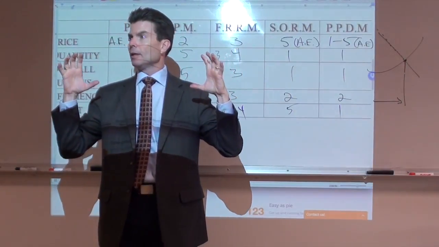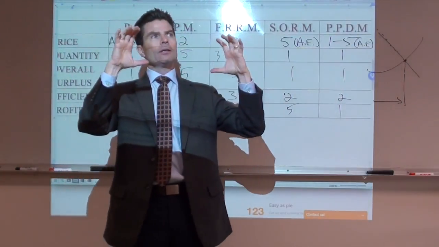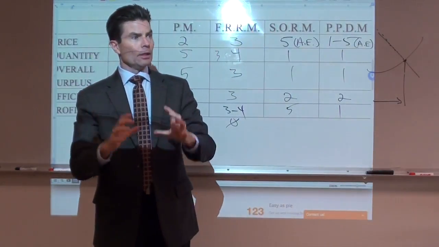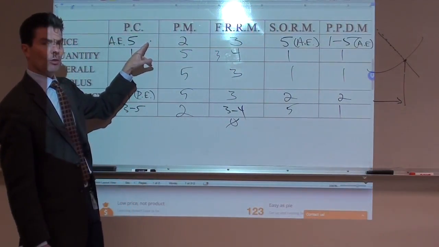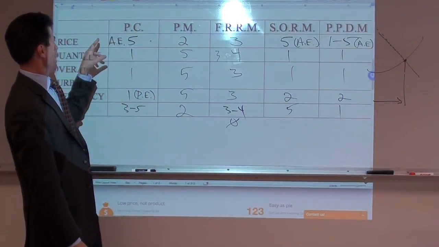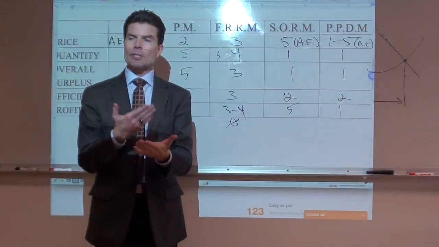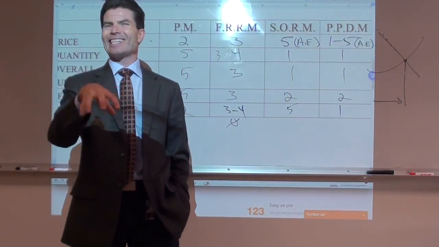I'm going to have you give me information you know about why they are the highest, why they are the lowest. So for something like perfect competition, you're going to give me some information you know about perfect competition and where price is set.